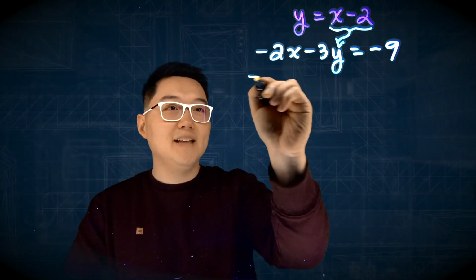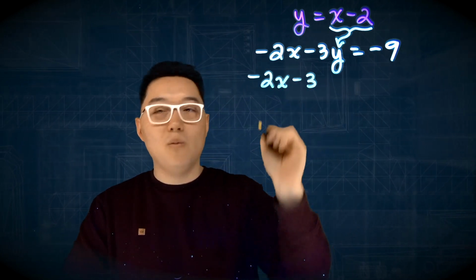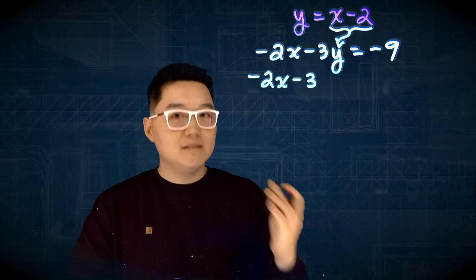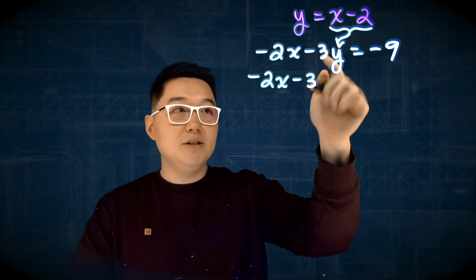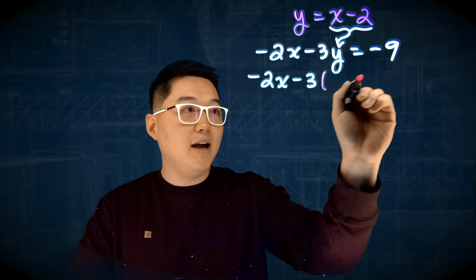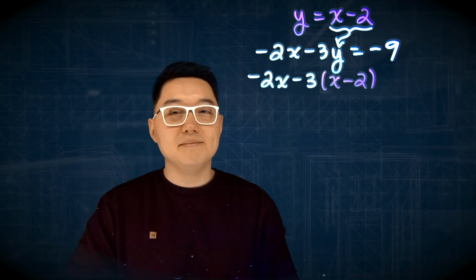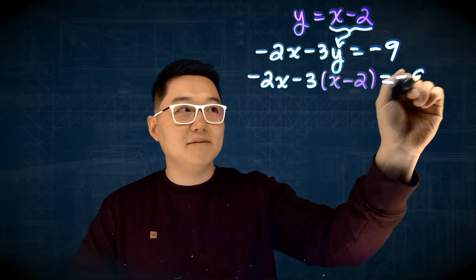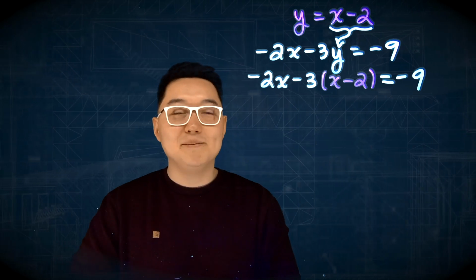So we have negative 2x minus 3 times y. But what is y equal to? Since y's substitute is x minus 2, we can replace y with x minus 2. This whole expression has to equal negative 9. And there you go. That is your first step.